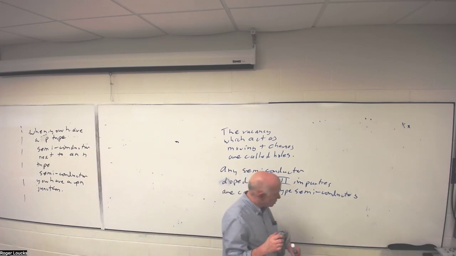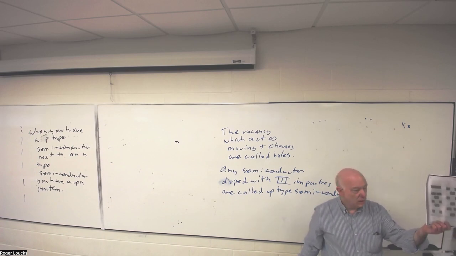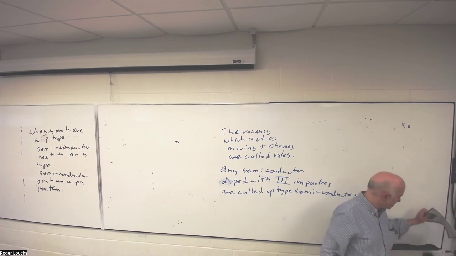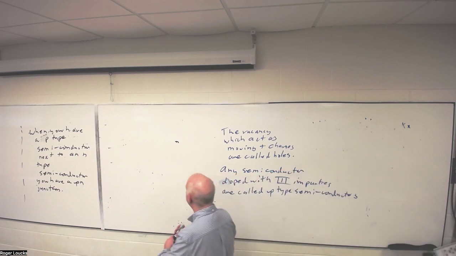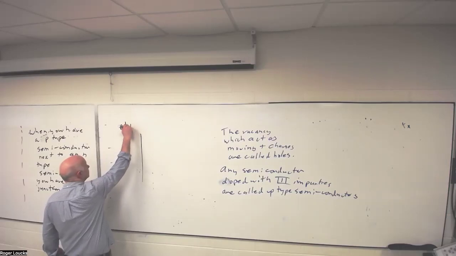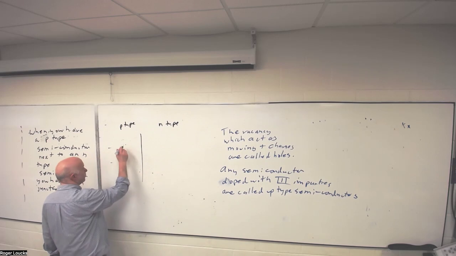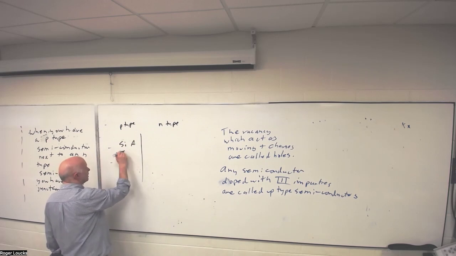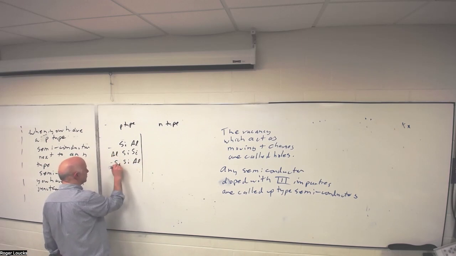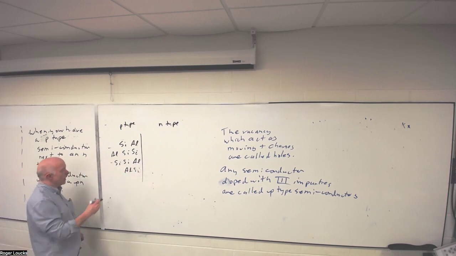With that p-n junction, if you look at that little handout, the very back page, that's actually showing the p-n junction. So let's draw this thing. Here's our p-type and here's our n-type. What do we have here? We have silicon, aluminum, silicon, silicon, aluminum, silicon, aluminum, silicon, and these holes here.